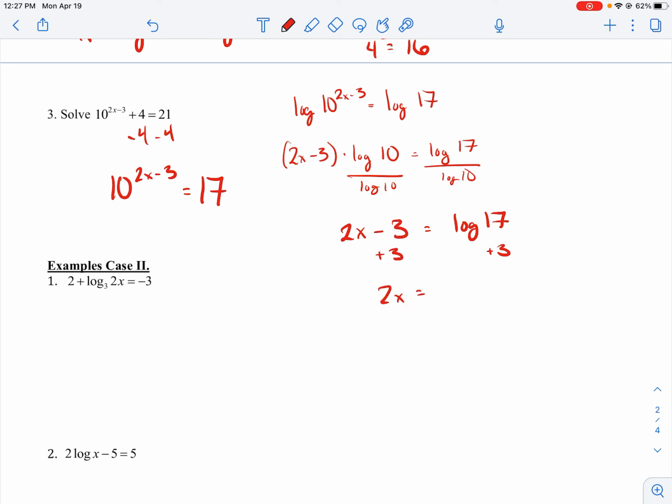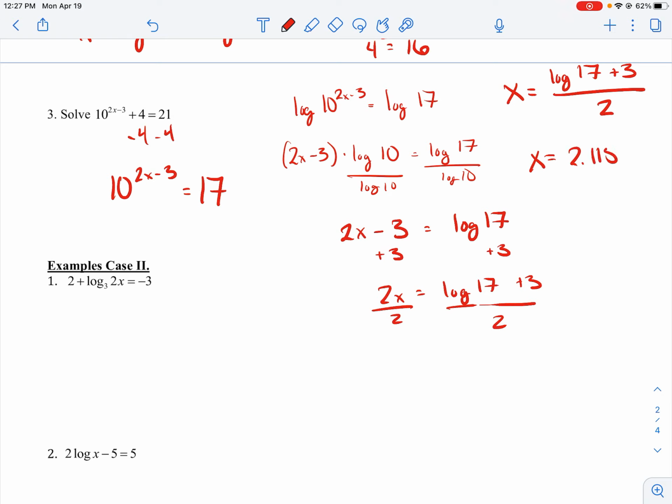Just so I don't have a big long number there, I'm going to keep those together. So x is equal to the log of 17 plus 3, and then all of that divided by 2. So the log of 17 plus 3, all that divided by 2. x is equal to 2.1152.